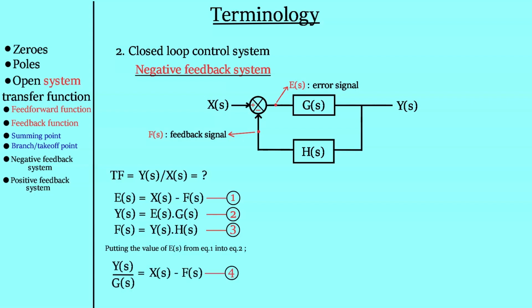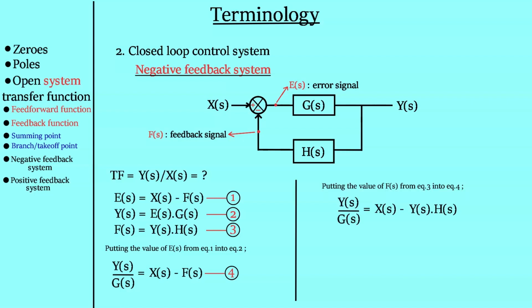Putting the value of error signal from equation 1 into equation 2, we will have this equation. Now we will put the value of feedback signal Laplace transform from equation 3 into equation 4, giving us this equation. Simply rearranging this equation, we will get the transfer function, or the Laplace transform of the output to the Laplace transform of the input, to be equal to g divided by 1 plus g into h.